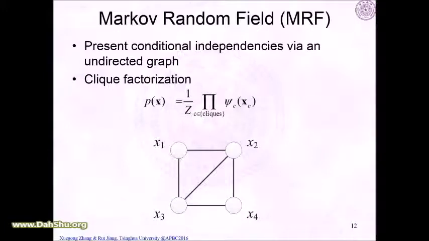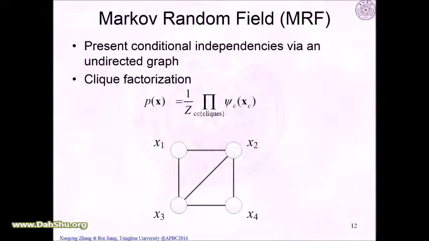When we don't know the dependence, but we know what is independent, this gets to the more general form of the so-called Markov random field, in which we don't have directions for the edges. Again, each node is a variable here, and we know some variables are independent, so they don't have an edge.